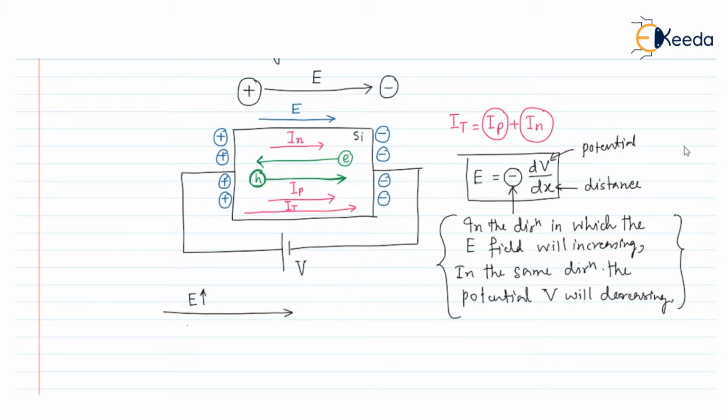If we measure the potential value in this direction, we will find that it decreases as we move from this point to the other point. That means in the direction in which the electric field increases, the potential value decreases. This is the physical significance of the negative sign.